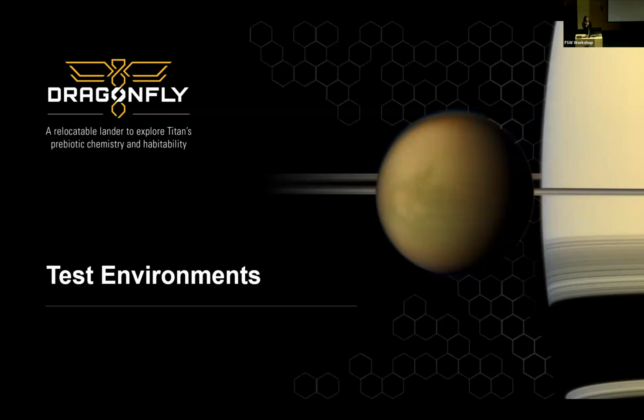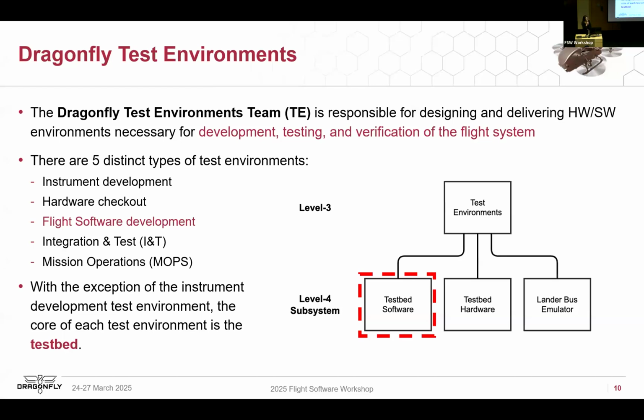It takes a team. And so at the lab, we designate a specific team called the test environments team. So for Dragonfly, the test environments team is responsible for designing and delivering hardware and software environments necessary for the development, testing, and verification of the flight system, which of course includes flight software.